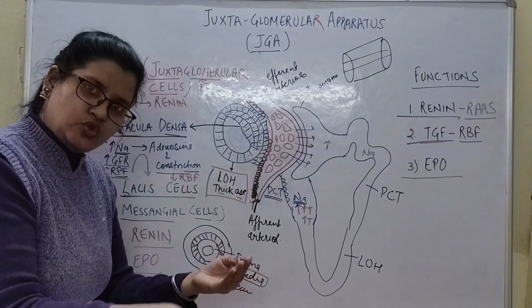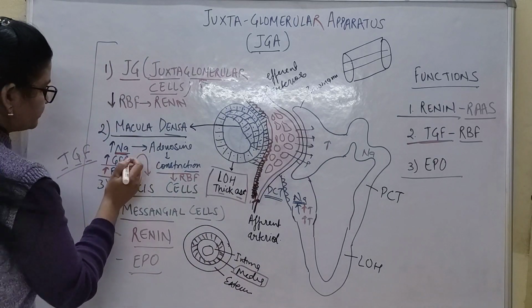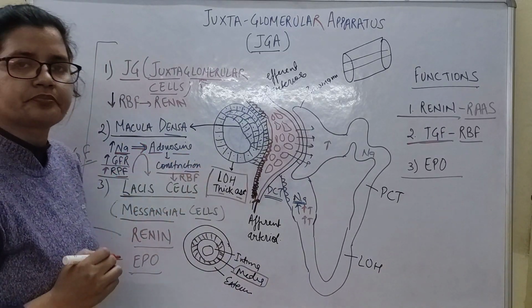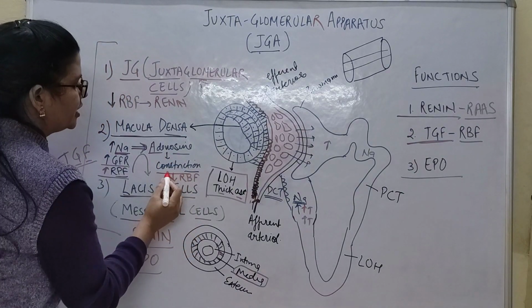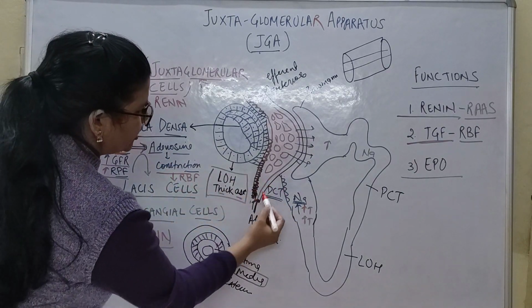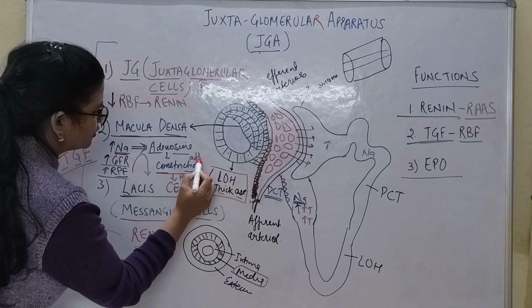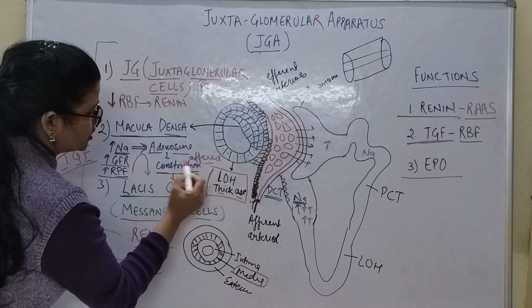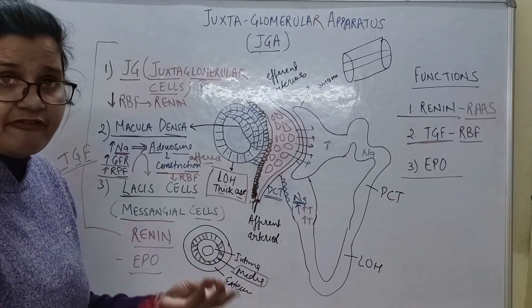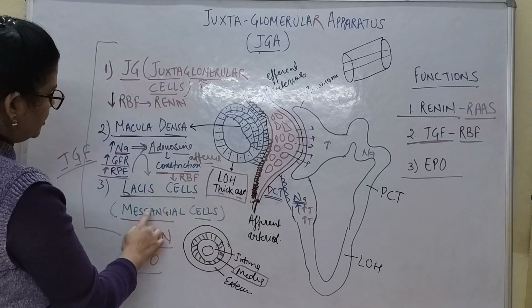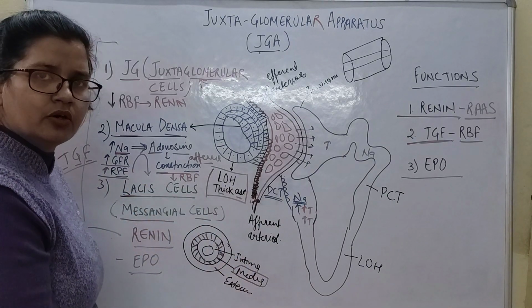In response to that, these cells secrete adenosine. This adenosine acts on the afferent arteriole and causes constriction of the afferent arteriole. Whenever the afferent arteriole is constricted, there is again a reduction in blood flow to the kidney.